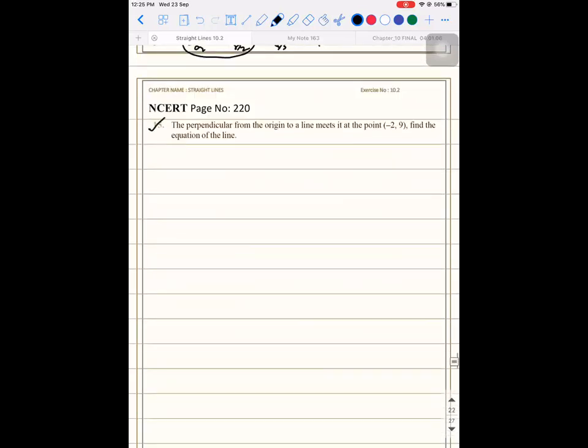Next. The perpendicular from the origin to the line meets it at the point (-2, 9). Find the equation of the line. This is a good one.